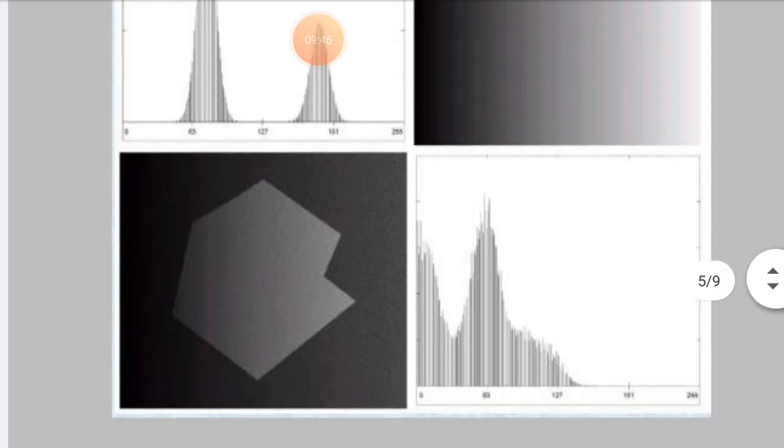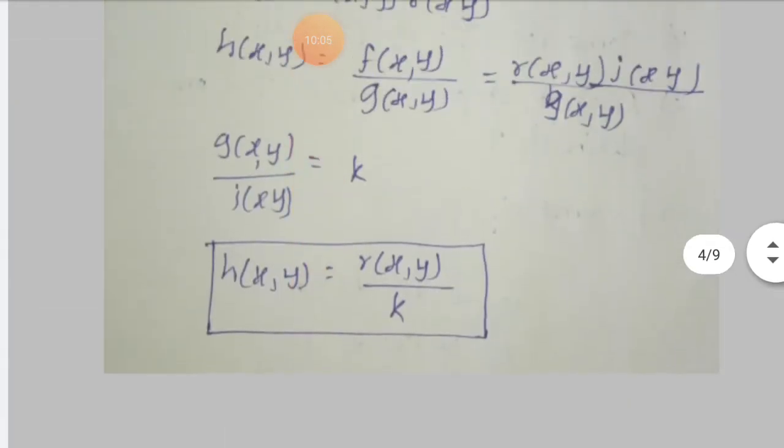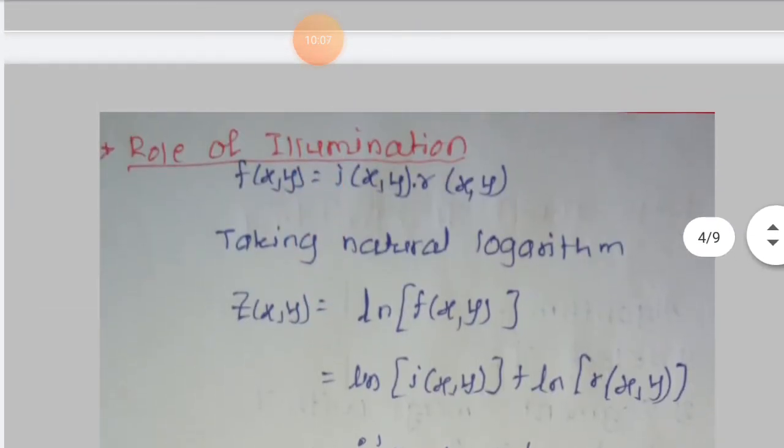But in this case, the thresholding is not that simple. So in this way, the illumination affects the thresholding. We can say that if the illumination is not proper, thresholding is not that easy. That's why the histogram is so distorted.